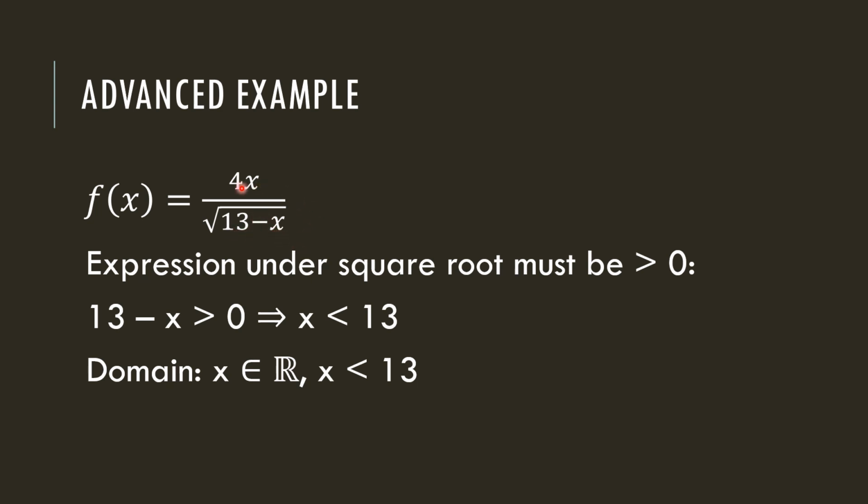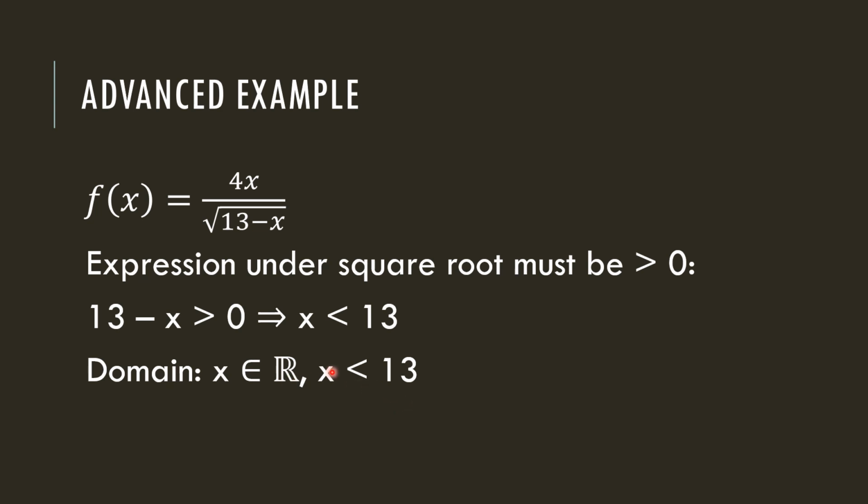In simple terms, everything here is supposed to be greater than 0, the way I have written it here. So it's supposed to be 13 minus x greater than 0, which means the inequality will be x less than 13. So the domain for this function is that x is defined for all real numbers less than 13.